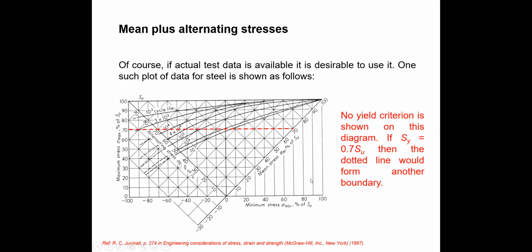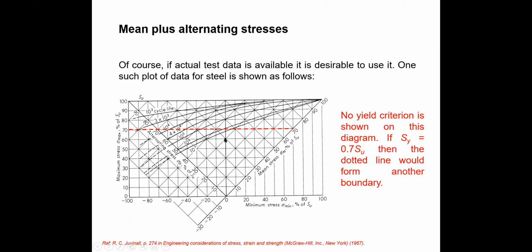So if you have a certain maximum stress value, you can draw the line. If you draw the line, you will get the minimum value, so minimum 70, and this is the maximum minimum value.